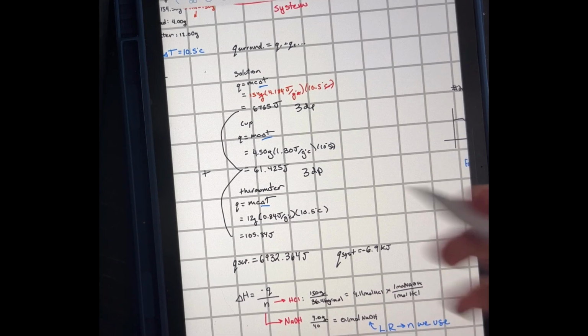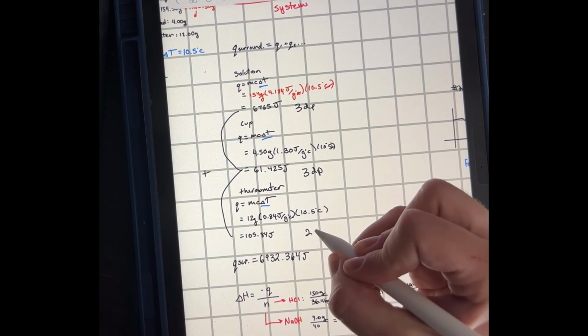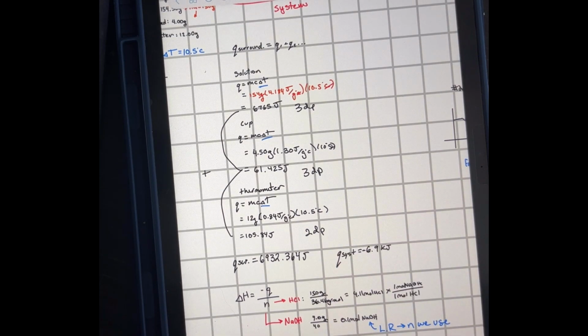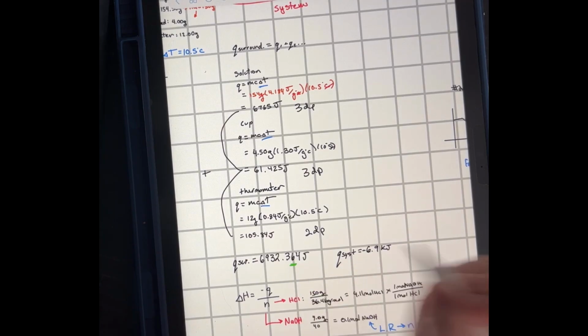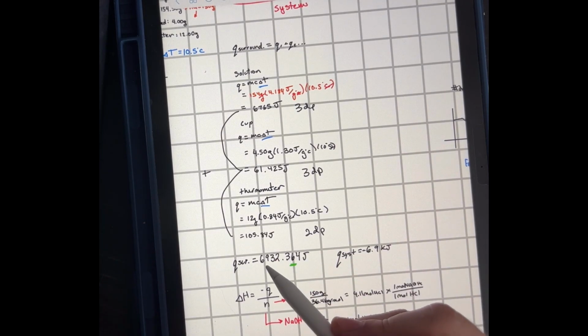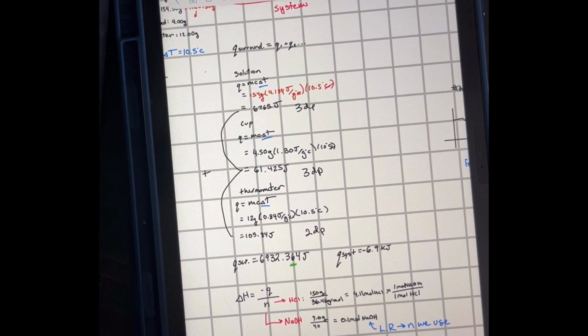We have 2. So for adding and subtracting, we should have 2 here. So that leaves us with 6,932.36.